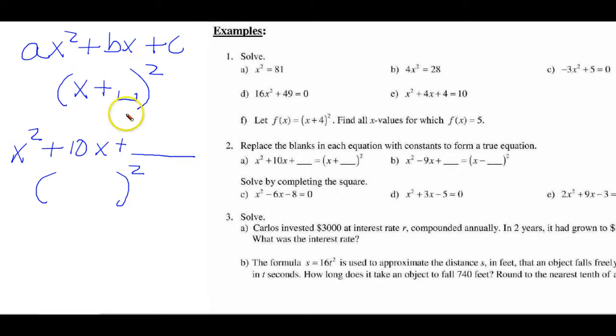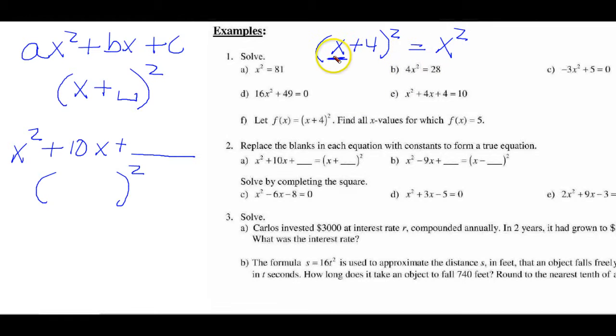So what we're going to look at is what did we do in the past when we took a binomial square and got a perfect square trinomial. Well, let's just do one up here. So we have x plus 4, the quantity squared. Well, we said square that, and that gave us x squared.